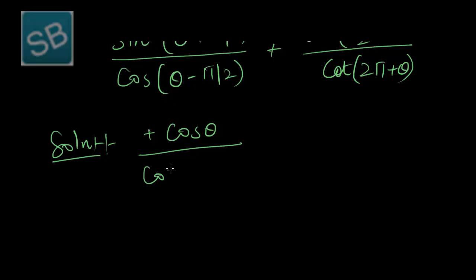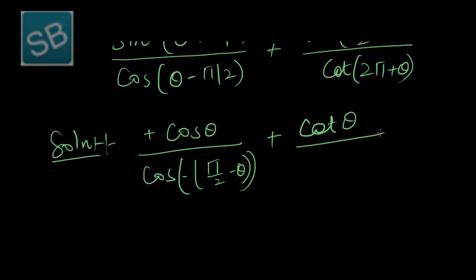Over cos of theta minus pi by 2. First of all we will make the standard form, that is pi by 2 minus theta. The next is tan of pi by 2 minus theta. Tan of pi by 2 minus theta is in the first quadrant, so it is positive, and tan changes into cot. We get cot theta. And cot of 2 pi plus theta is again in the first quadrant, and adding 2 pi, no t ratio change, so it becomes cot theta.